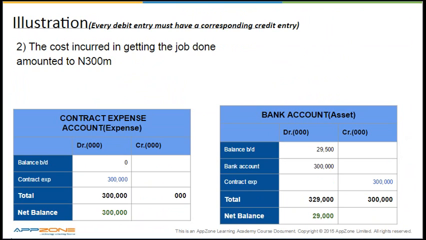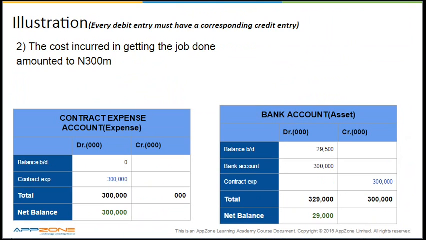The loan which we took from the bank, 300 million, is on the debit, and now we are going to be giving from our bank account to finance our expense to the tune of 300 million. Hence we have a total debit of 329 million and a total credit of 300 million. The net balance on the bank account becomes 29 million.